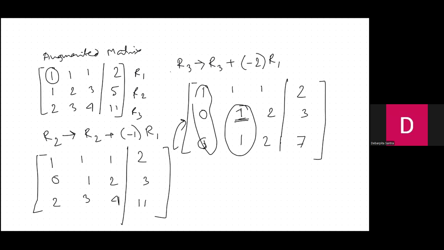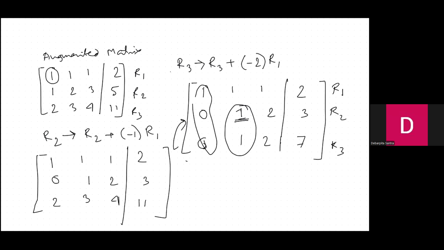So now we have to make this value 0. So what should be our row operation? Our row operation is like this. Now you see our new row 1 is 1, 1, 1, 2. Our new row 2 is 0, 1, 2, 3. Our new row 3 is 0, 1, 2, 7. Okay.